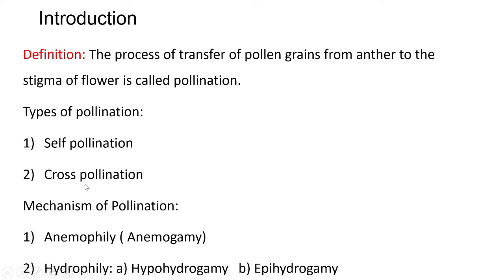Example, Michelia champaka. Cross-pollination is also known as allogamy. The outcome of cross-pollination is an increase in genetic diversity. This is because the sperm and egg cells are from different flowers and therefore they have different genetic information.